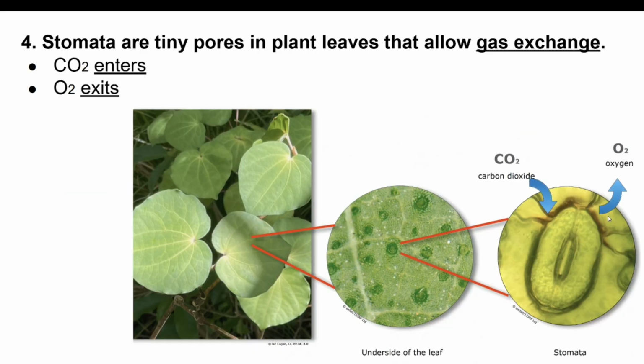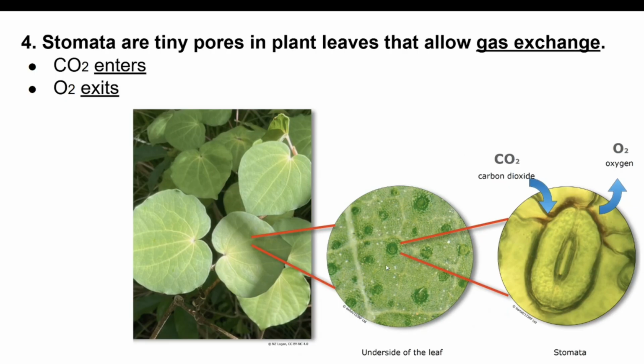All right, let's go back to talking about those stomata and what those are. These are the tiny pores in the plant leaves that allow for gas exchange to occur. They're usually on the underside of plants, but they can be on the top side as well. On the underside of the plants, you'll have these tiny little pores. If you use even just a magnifying glass, sometimes you can see these pores.